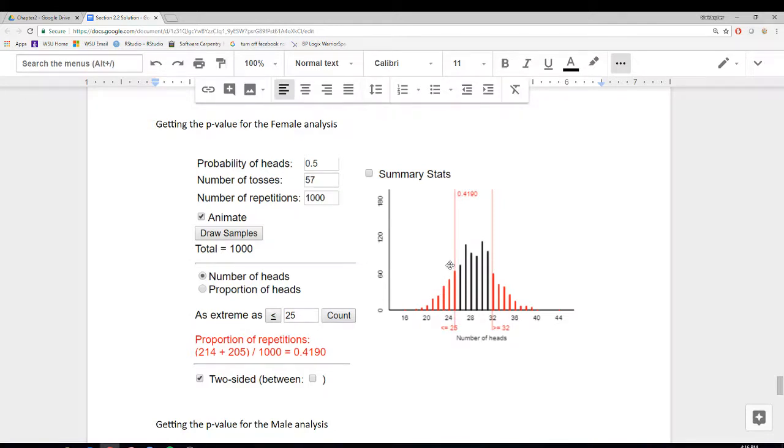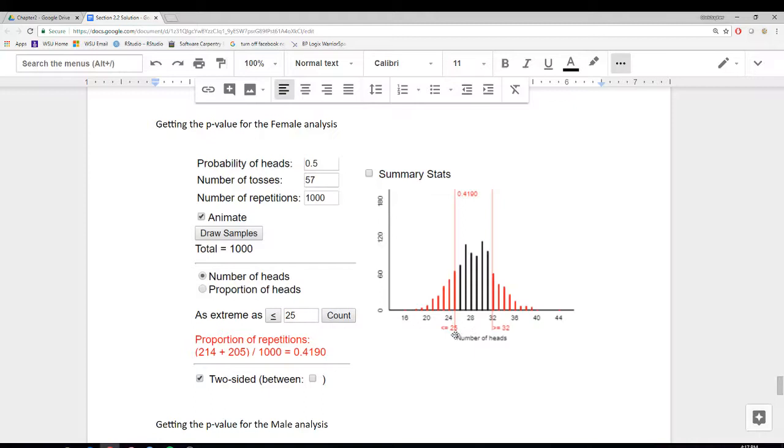It's going to add up the number of dots at 25, 24, 23, 22, all the way down to 0. This number line actually goes all the way down to 0. And then it's going to look at the corresponding values of 32. Recall that the expected value here is 28.5.